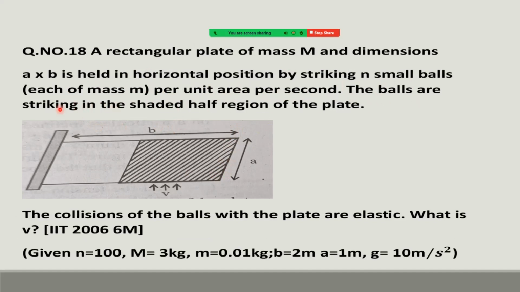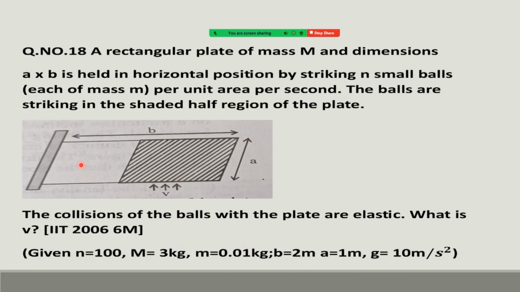The balls are striking in the shaded half region of the plate. The collisions of the balls with the plate are elastic. What is V? Asked for 6 marks in 2006, and given N value, M, small m, B, A value and g. So we have to find V.